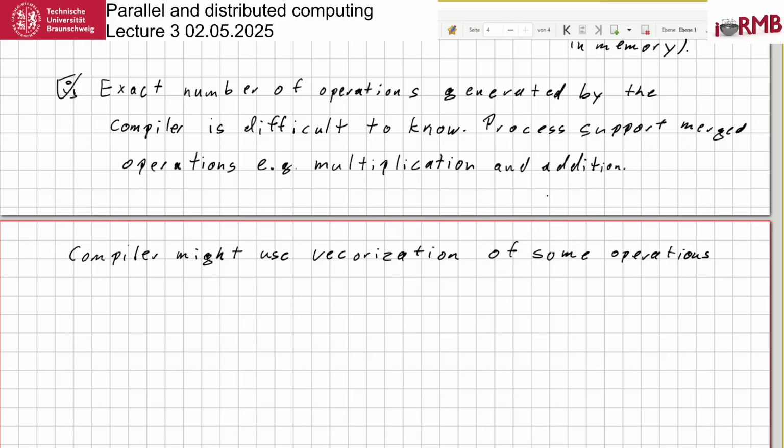It's pretty advanced because this is possible only for certain arrangements. Here you would rather ask the compiler explicitly to do it, so that you have to write your program already in vector format.